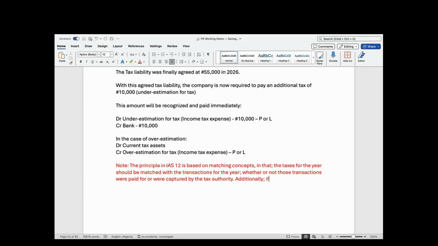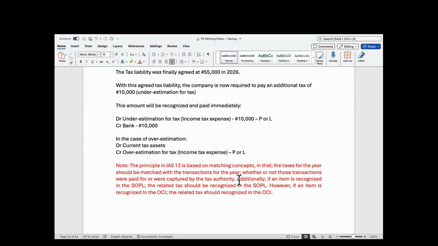And additionally, if an item is recognized in SOPL, meaning statement of profit or loss, the related tax should be recognized where? In the SOPL. However, if an item is recognized in the OCI, meaning other comprehensive income, the related tax should be recognized in the OCI.